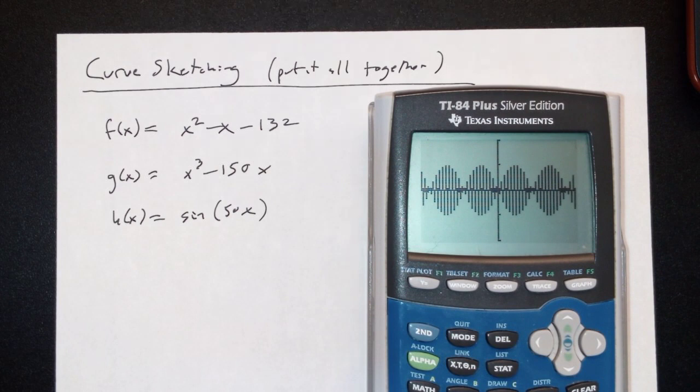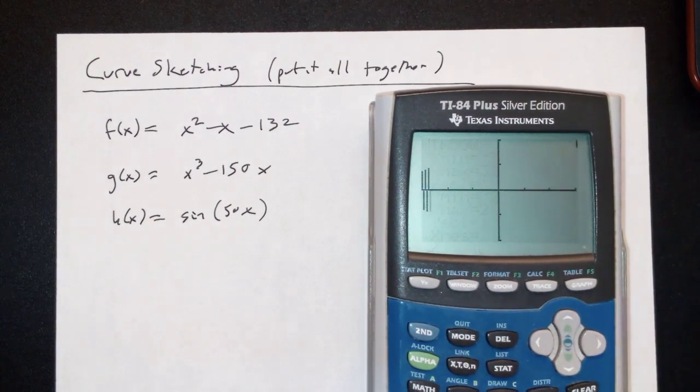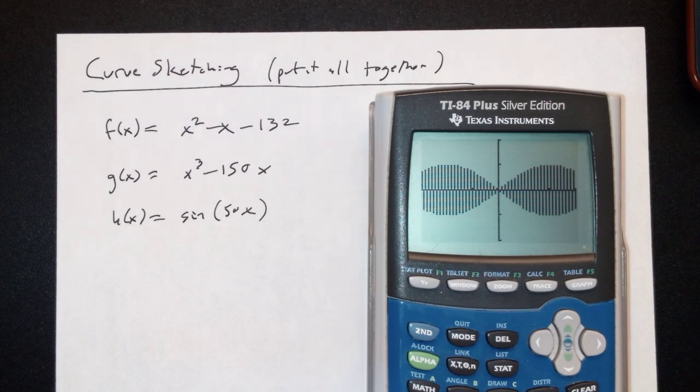What the hell is going on here? You know as well as I do that is not what's supposed to be coming out of this picture, right? It's supposed to be a sine curve. What the hell is going on here?